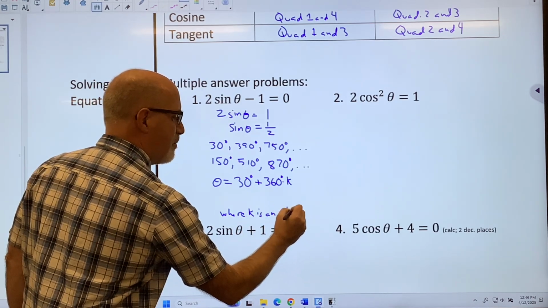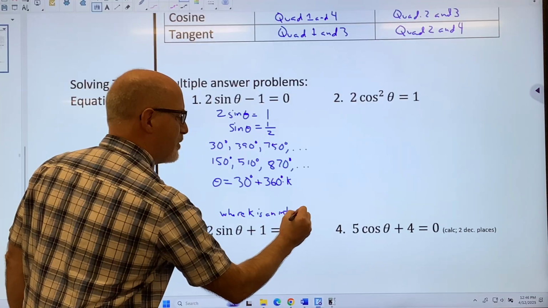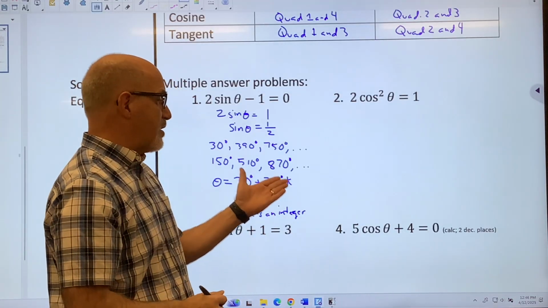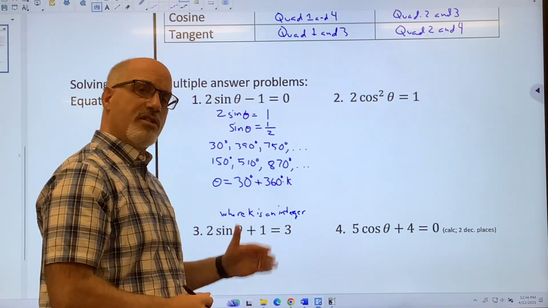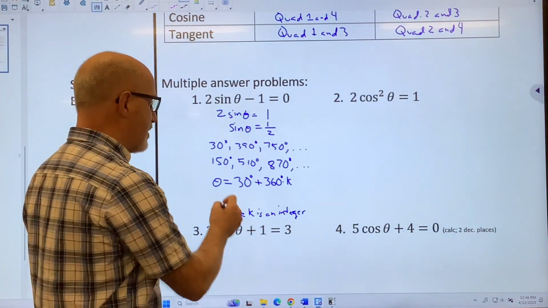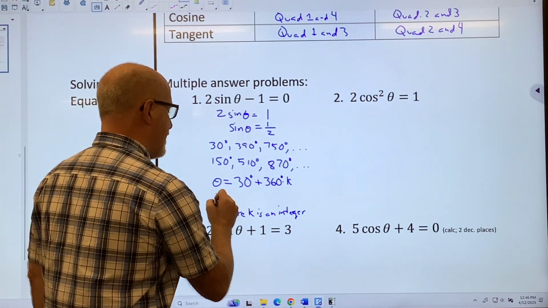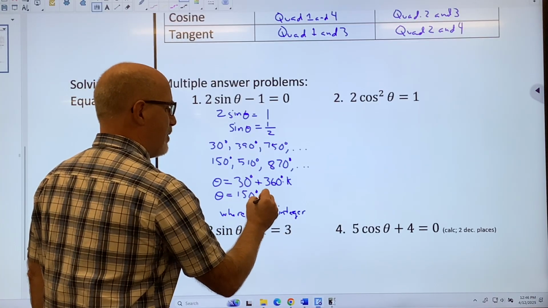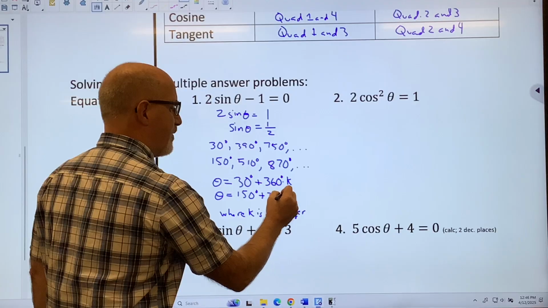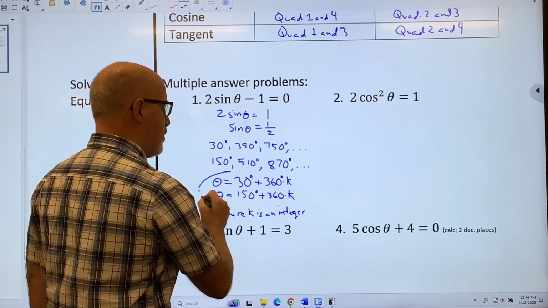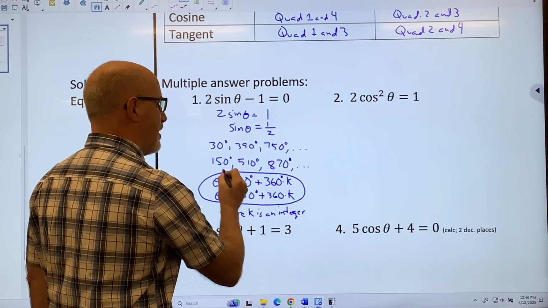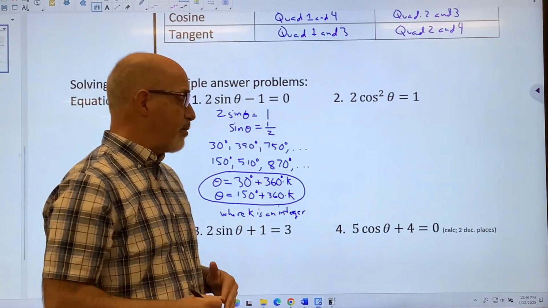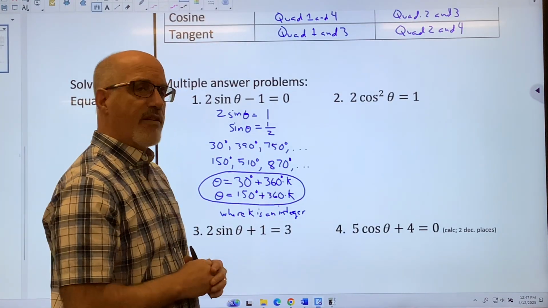So if we just add multiples of 360 onto this 30, we'll keep getting values. Well, the same thing is we can say it equals the 150 plus multiples of 360k. So this is how we'll list the answer in order to get that idea that there are an infinite number of solutions. This just tells us how to find it.